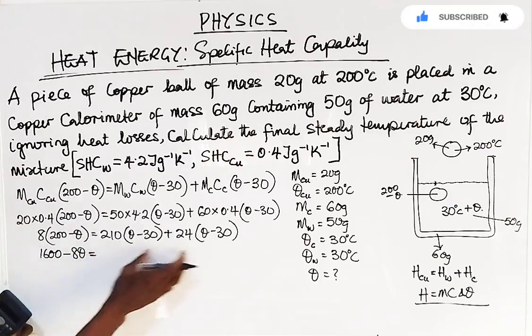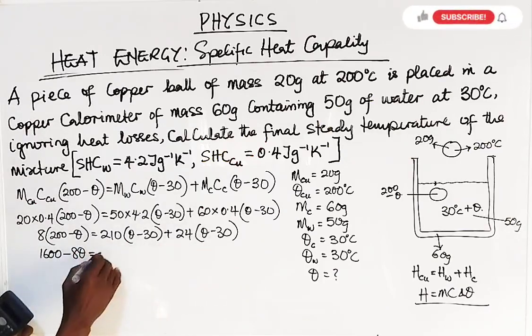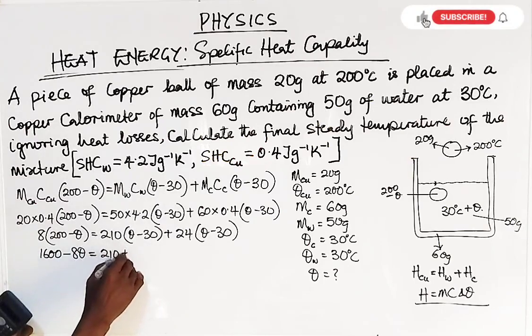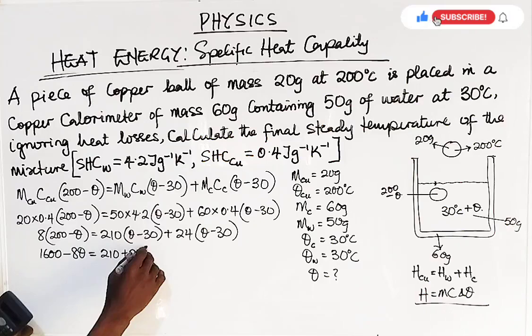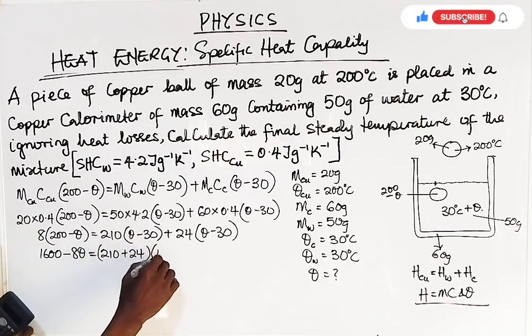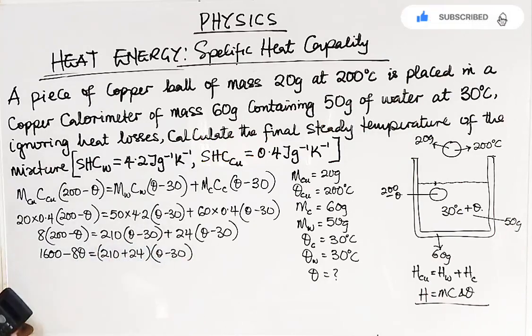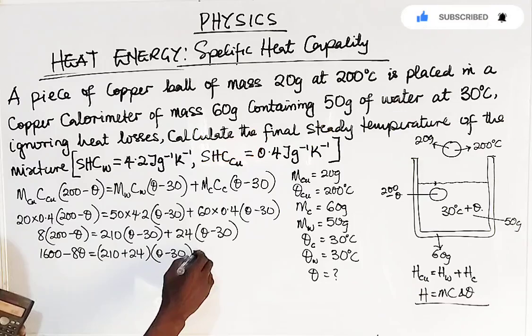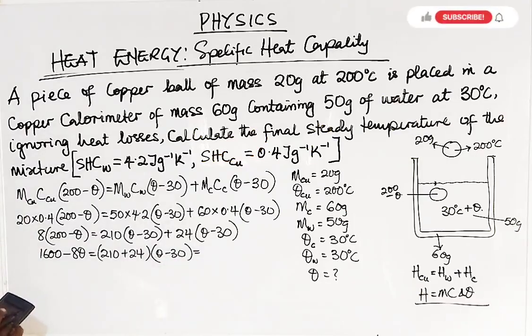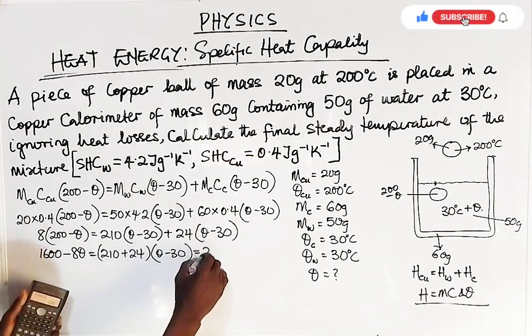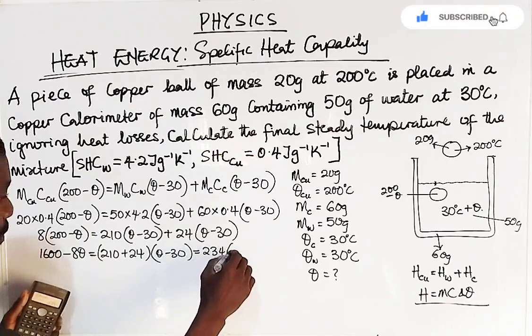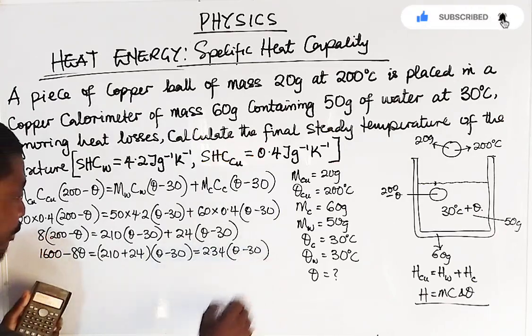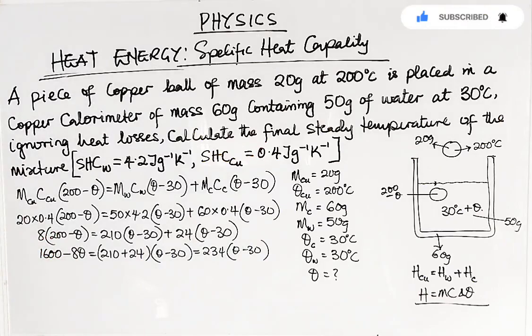Then equals, factoring out, 210 plus 24 into theta minus 30. Solving the right hand side, 210 plus 24 gives us 234 into theta minus 30.